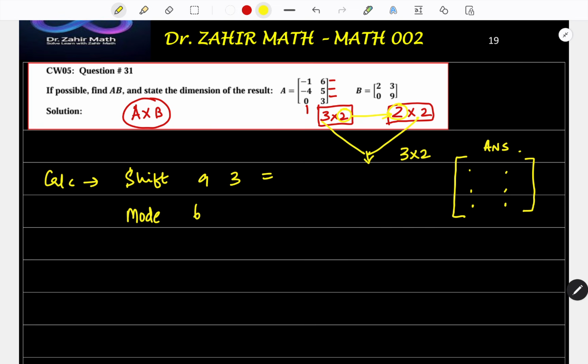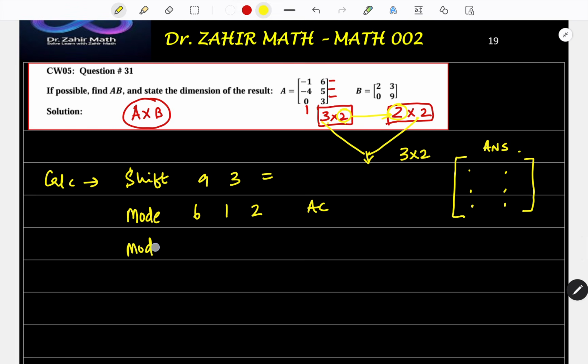Number 1, which is Mat A. What is the dimension? 3 by 2. Where is the dimension? Number 2. So press number 2. When you press number 2, give the data, which is -1, and then 6, and then -4, then 5, and then 0, then 3. And then press AC.